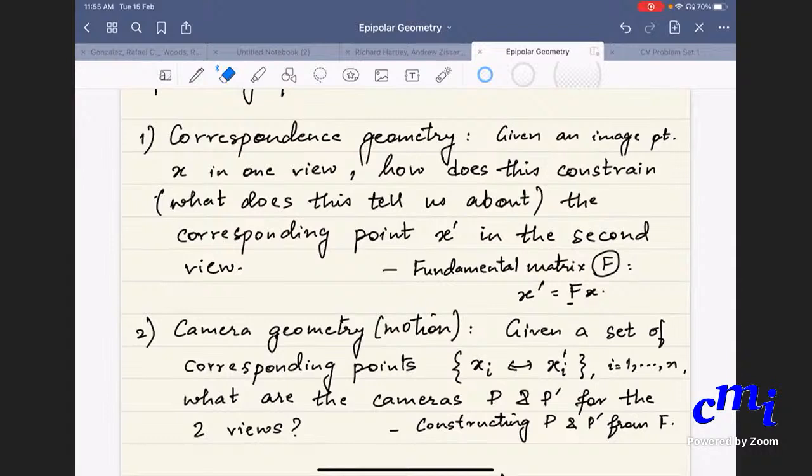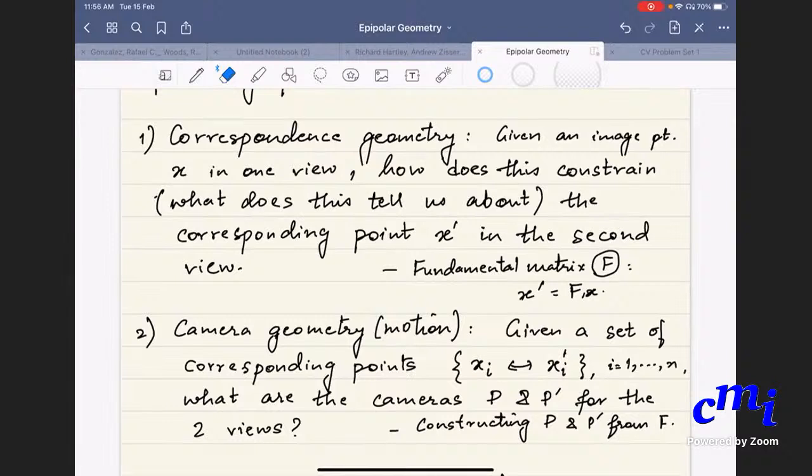What can you say about where the corresponding point will lie in the second image? We will see that there is a nice relation between these two points. If x is the image point in the first image, then the corresponding image point in the second image will be given by a matrix multiplication with x. That matrix will be called the fundamental matrix of the configuration.